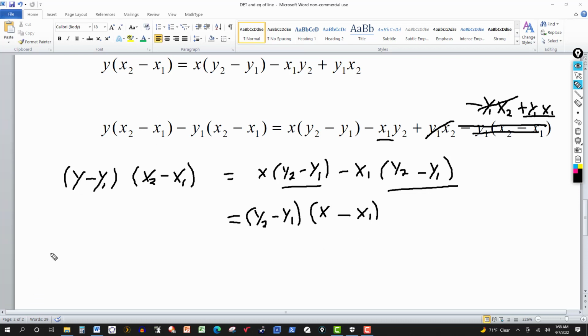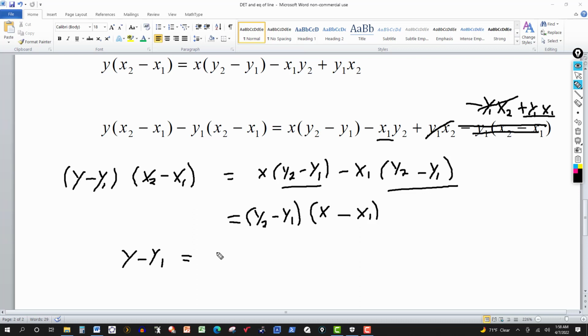So now I continue. Remember, on the right side, or the left side I should say, I want to wind up with y minus y sub 1. And to do that, all I had to do is divide both sides by x2 minus x1. So if I divide this side by x2 minus x1, this is going to cancel and leave me the y minus y1.